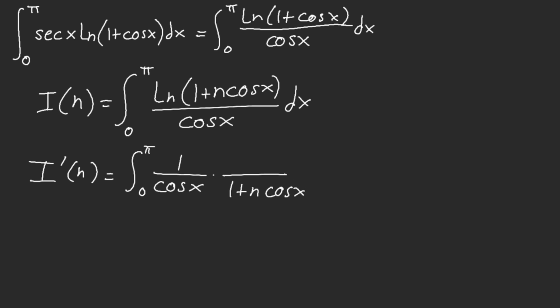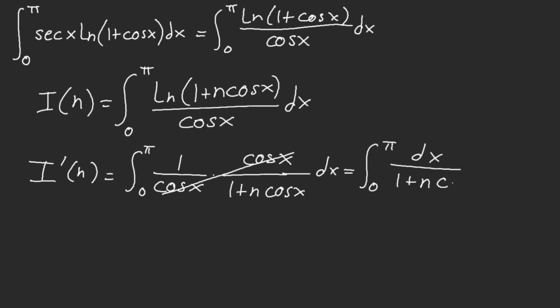But remember, because we have n here, this cosine of x is being treated as a constant, so we also derive n times cosine of x, which is cosine of x. And now they cancel out. And now this is a lot easier to integrate: 1 plus n cosine of x.